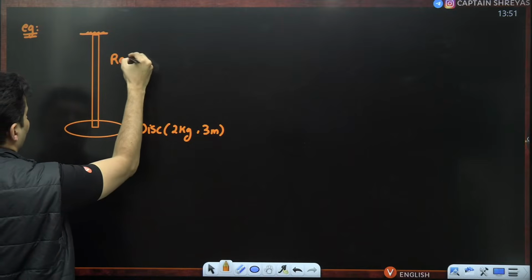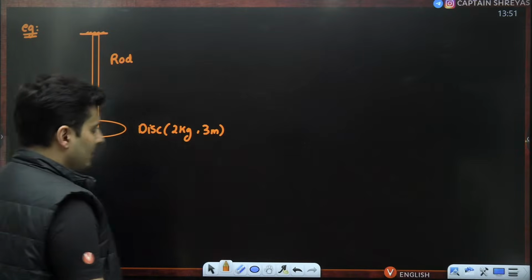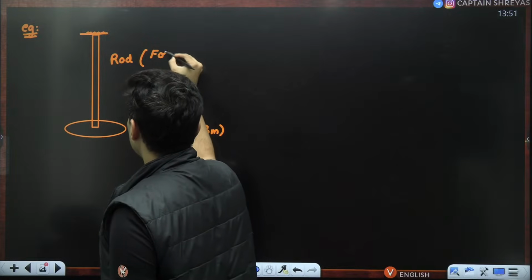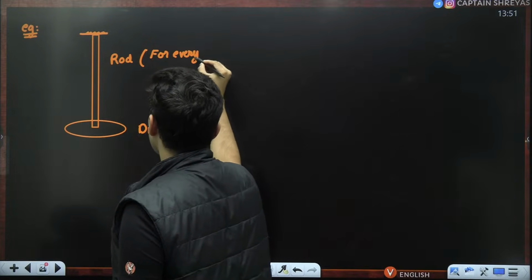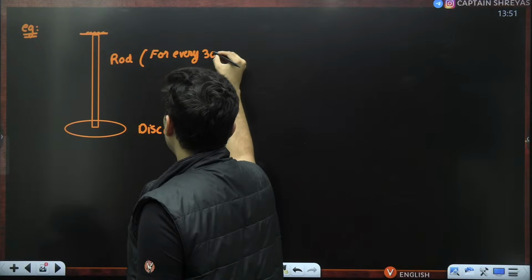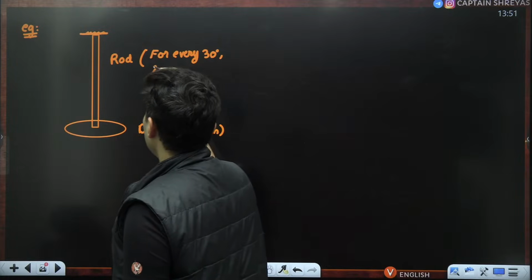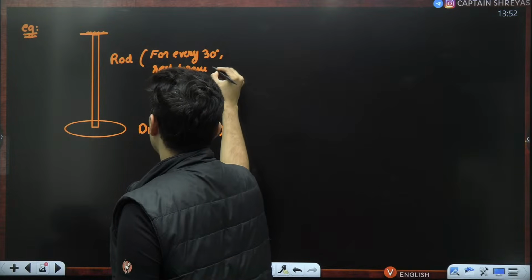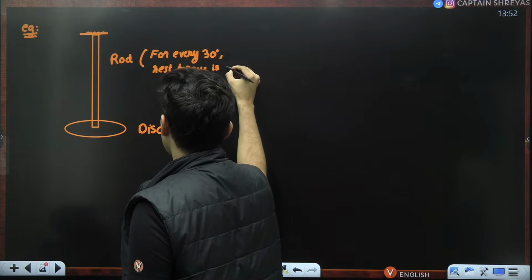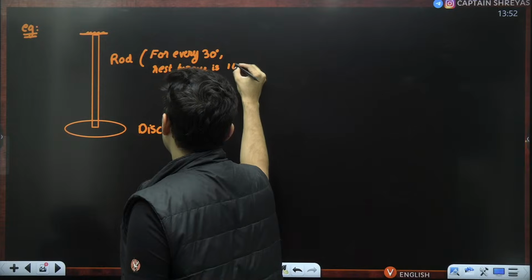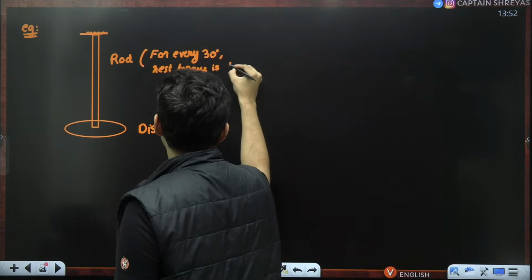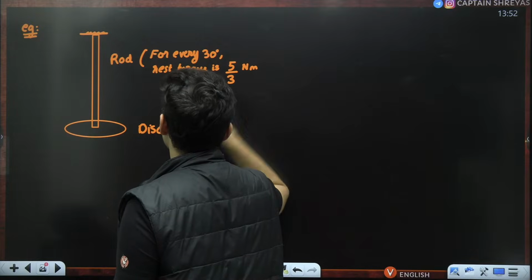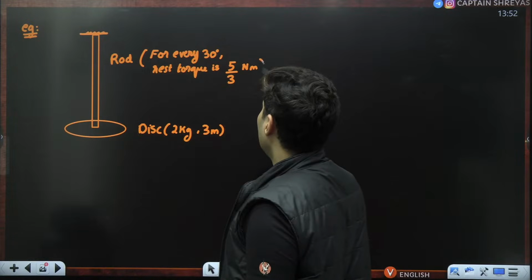This particular rod, nothing has been mentioned as of now, but it is told that for every 30 degrees, the restoring torque is 5 by 3 Newton meter.